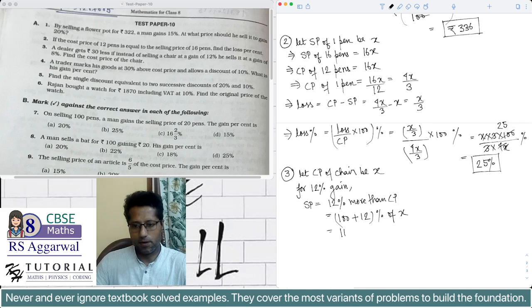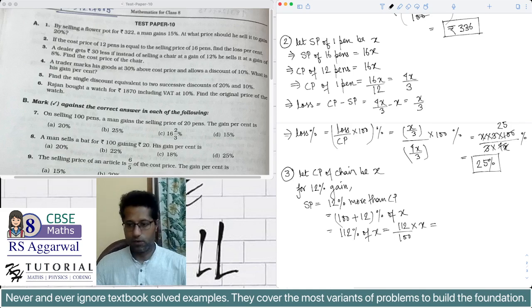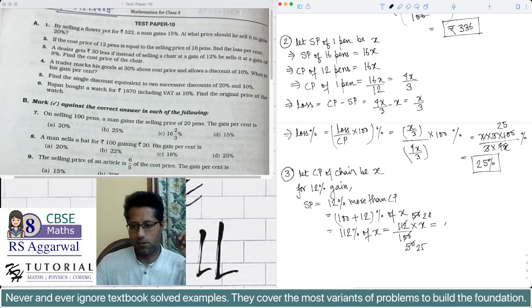This is equal to 112% of x. This is equal to 112 divided by 100 multiplied by x. After simplifying 112 by 100, we have 28x by 25. So this is the selling price when there is a 12% gain.